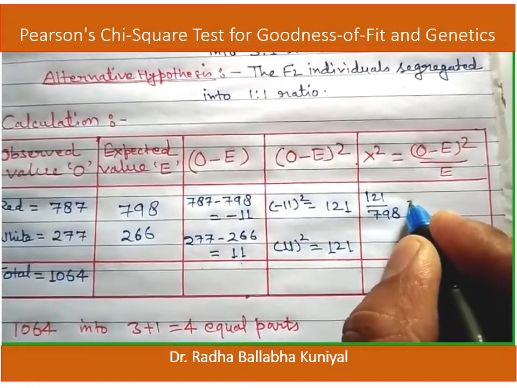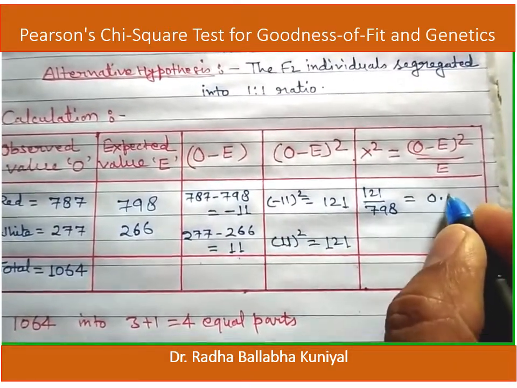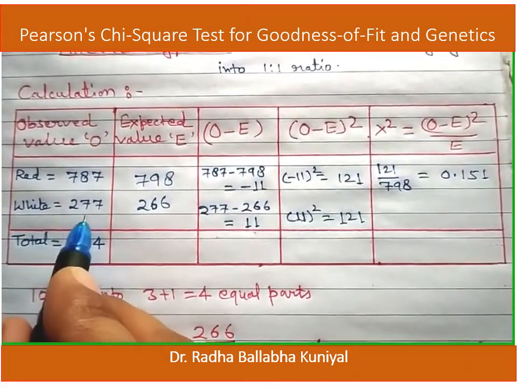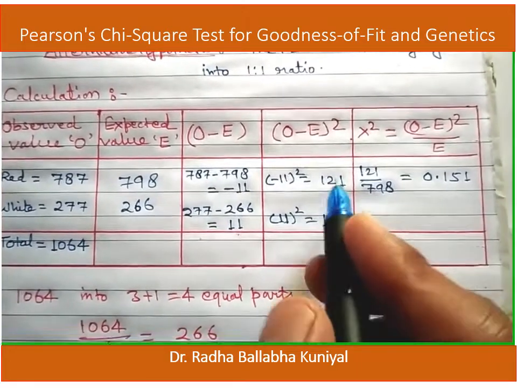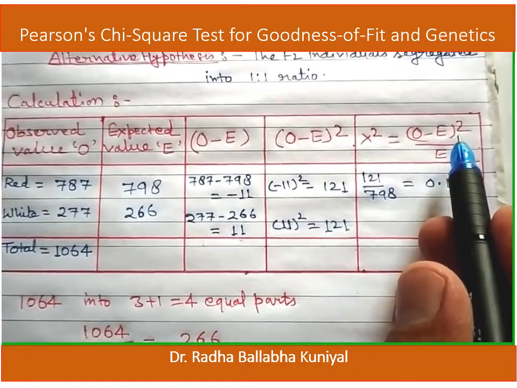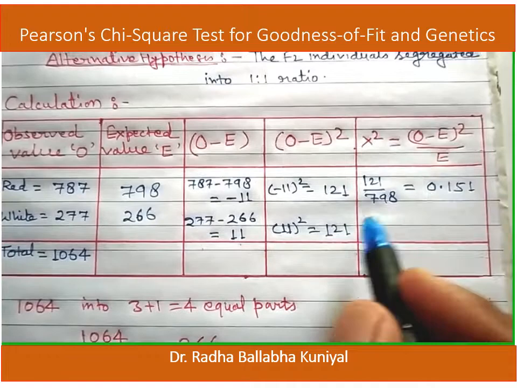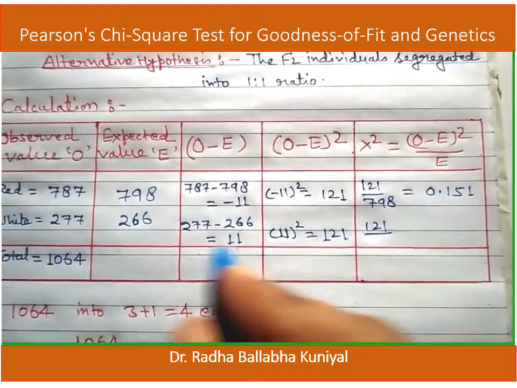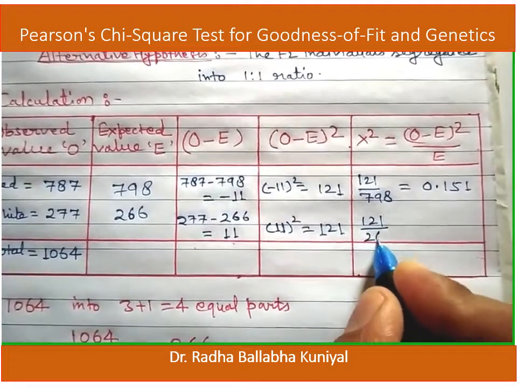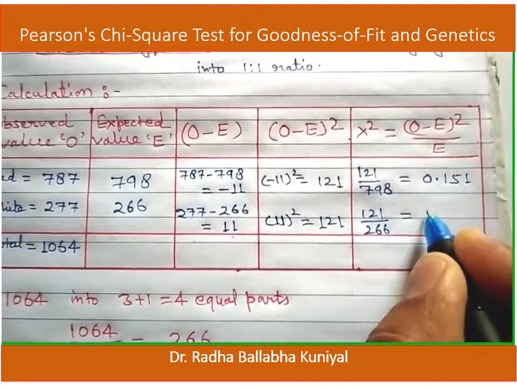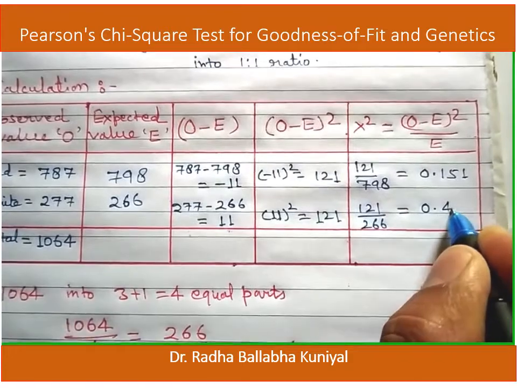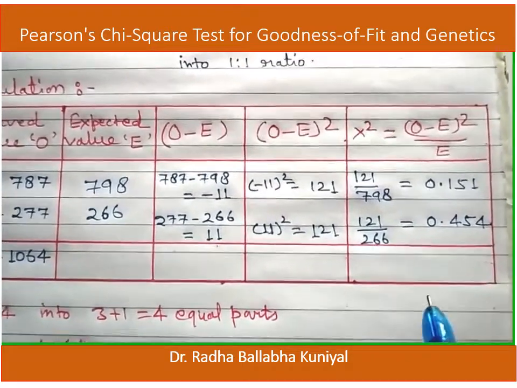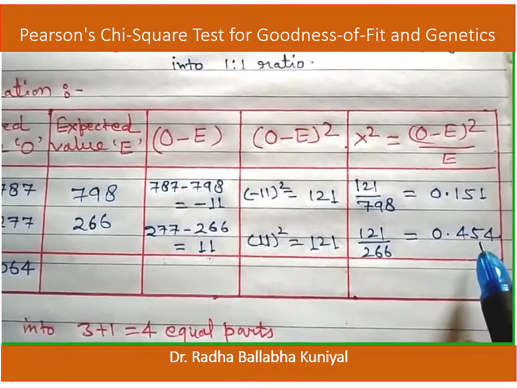By solving this we will get 0.151. And for the second variable, white flower pea plant, the whole square of O minus E value is 121, and the expected frequency is 266, and by solving this we will get 0.454.